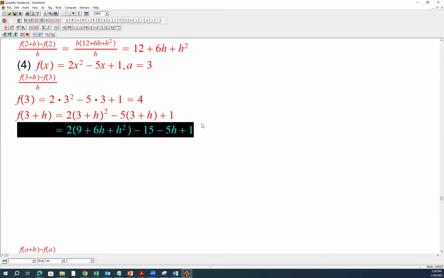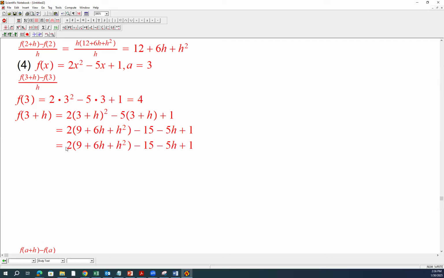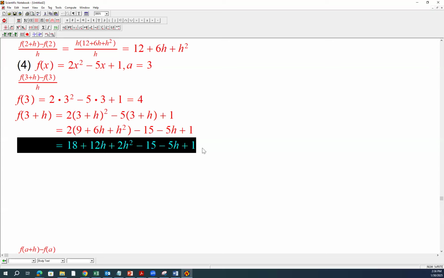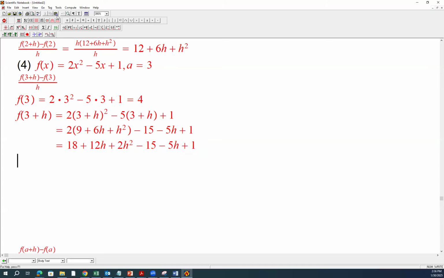Okay, and moving forward, we're going to distribute 2 inside every term inside the parentheses. So we're going to get 18 plus 12h plus 2h squared. Okay, combining like terms now. So let's combine like terms. What do we get?